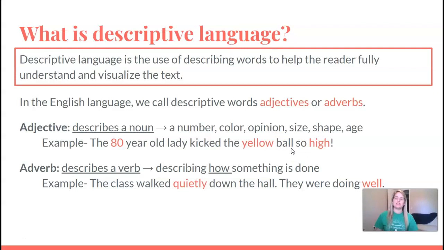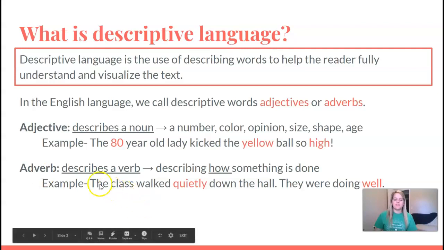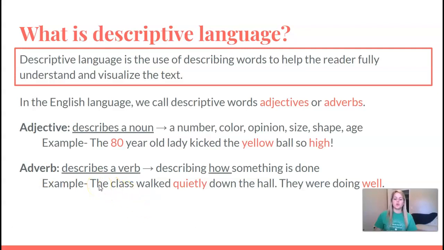And high is an adjective because it's describing the ball's position. So it went high into the sky. And then we have adverb. Adverbs describe a verb, like I said. For an example, the class walked quietly down the hall. They were doing well. So quietly is how they walked, and well is how they are doing.